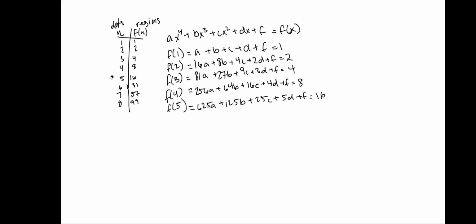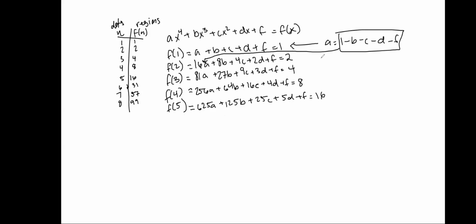They just have a lot more variables. So for example, I could solve for A here by subtracting B, C, D, and F to the other side, and then plug that in to A right here. And now I've eliminated the variable A from this equation. I can repeat that process. I can solve for B here, plug that in, and plug in what I have for A and what I have for B, and get an equation with just C, D, and F, and so on.